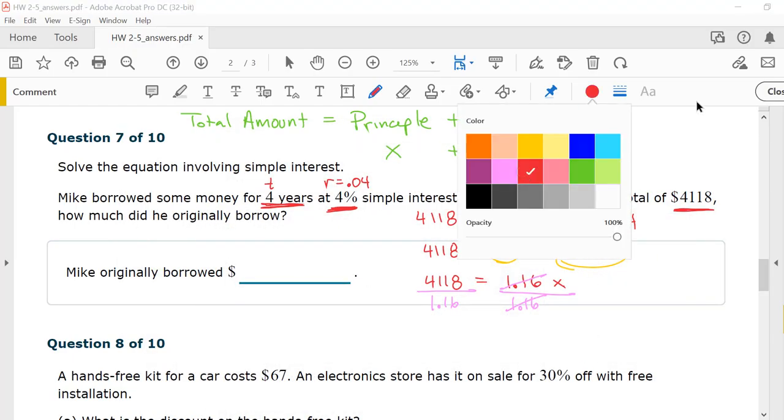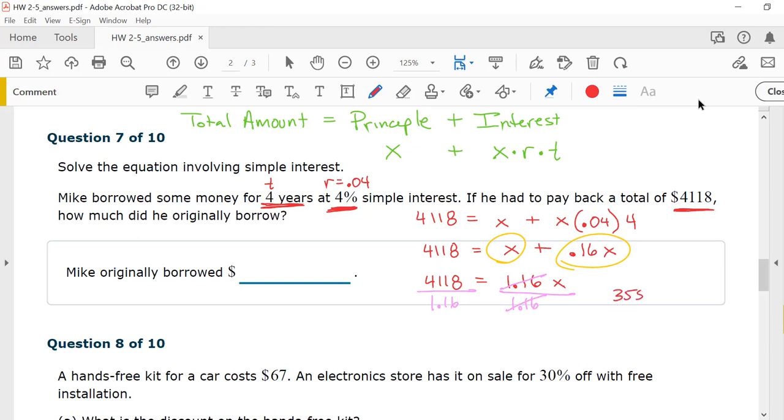So 3,550 equals X. So he originally borrowed $3,550 at 4% simple interest for 4 years, and then he had to repay $4,118. So he originally borrowed 3,550.